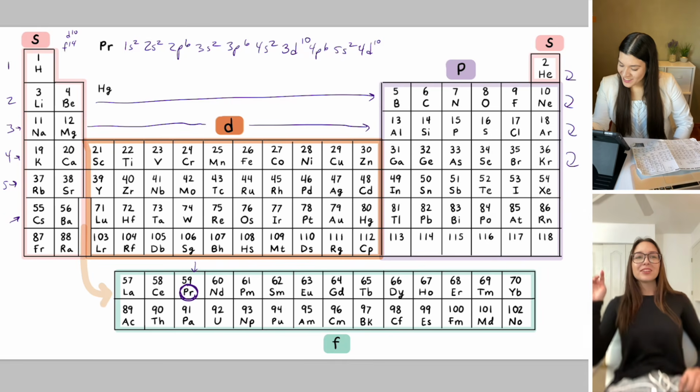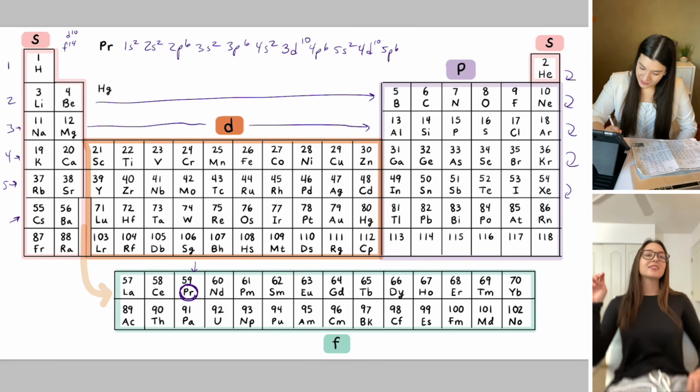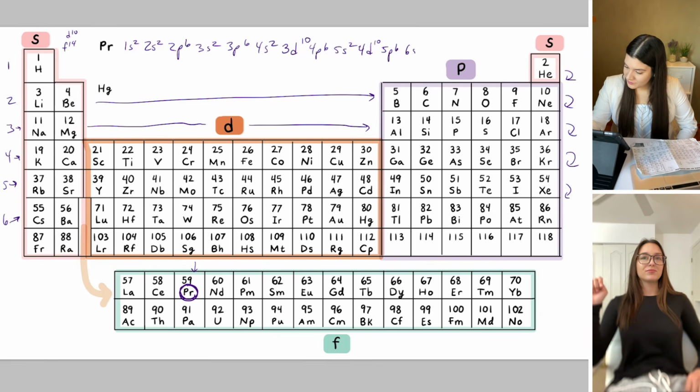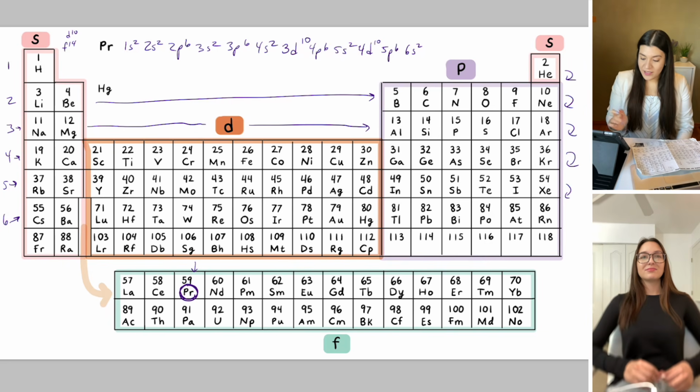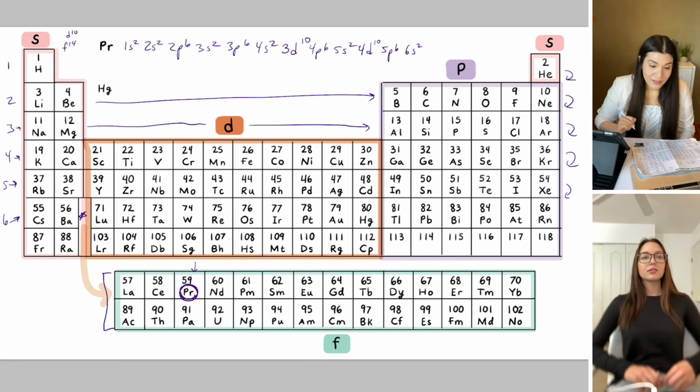Okay. So now we're on 5. So 5p6. Good. And then 6s2. Cool. And I'm going to say let's stop. The reason we're going to stop here is because this group is actually meant to be right here.